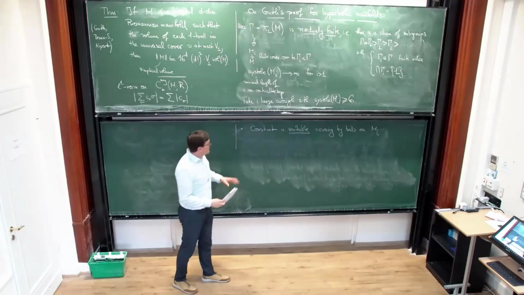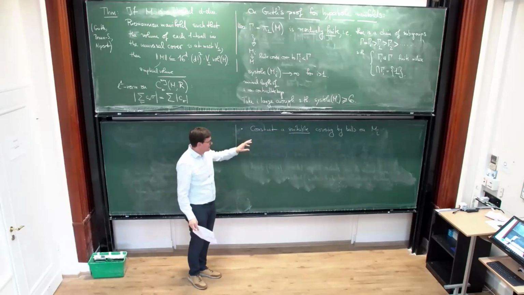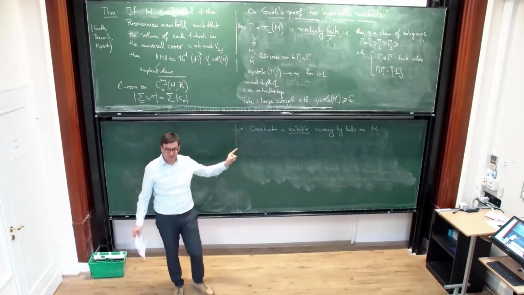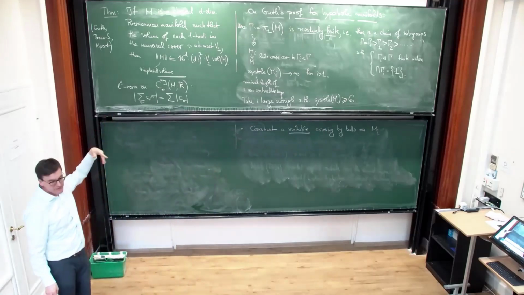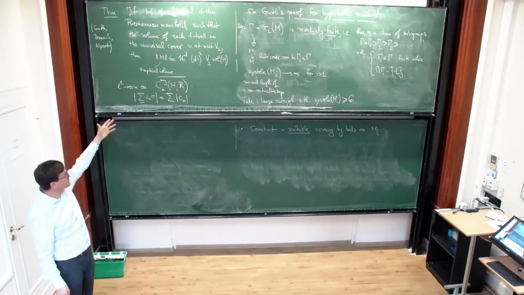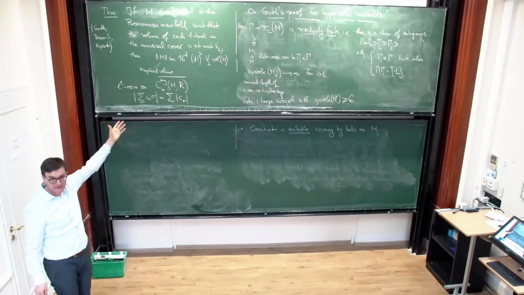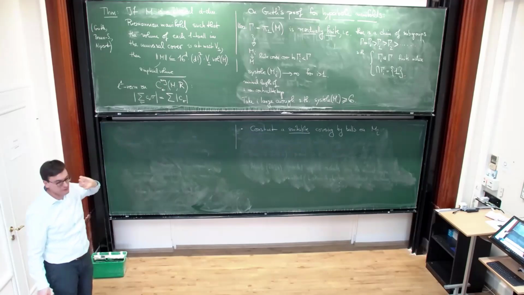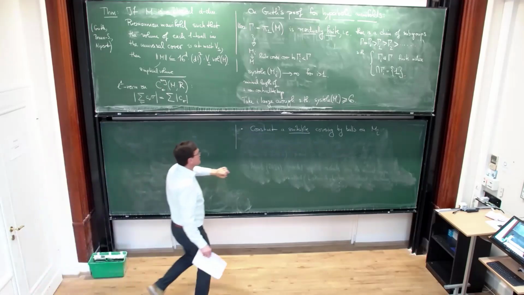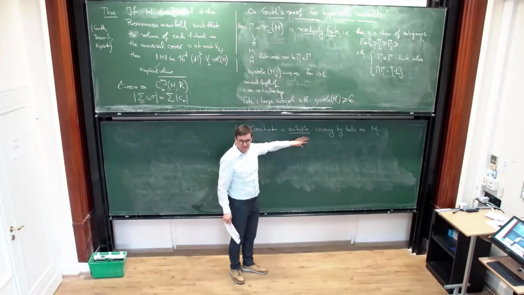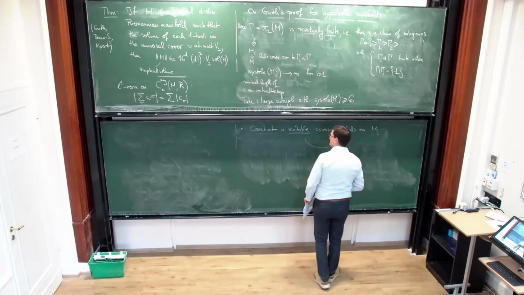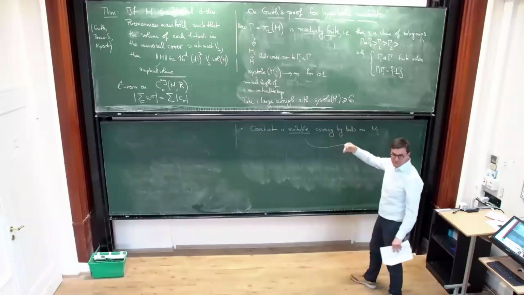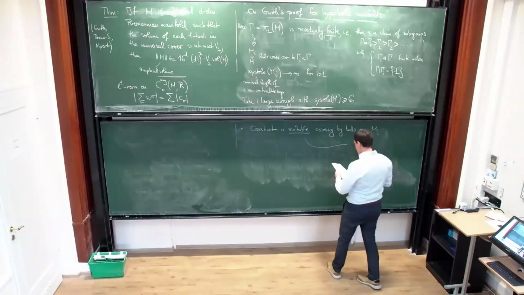And I will not say how he constructs the cover, but let me say which cover you could take. I told you that if you impose a stronger condition, a lower Ricci curvature bound, by the Bishop-Gromov inequality it gives you such an upper bound on the volume of 1 balls. So if you're in the situation that you have a lower Ricci curvature bound, it's quite easy to say which covering by balls you could take. Let me just say in this case, and use this as a reproof of the main inequality if you want.